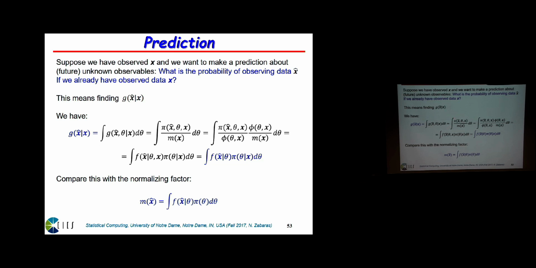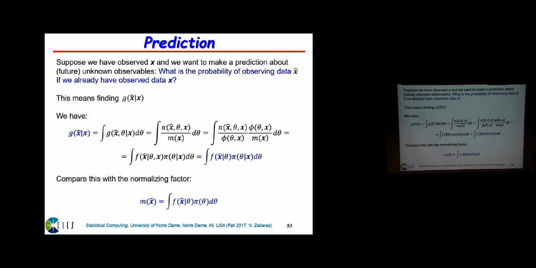So let me divide and multiply by the probability of theta and X. If you look at the first term, what is this divided by that? It is the probability of X hat given theta and X. You agree? And this is the probability of theta given X.